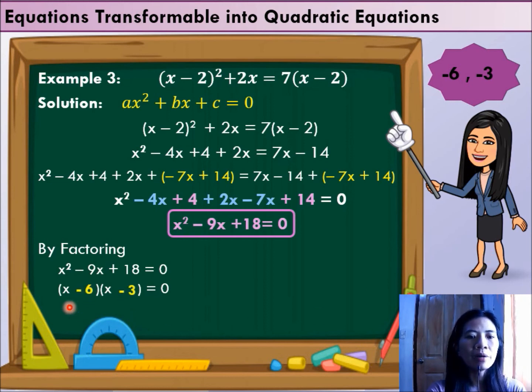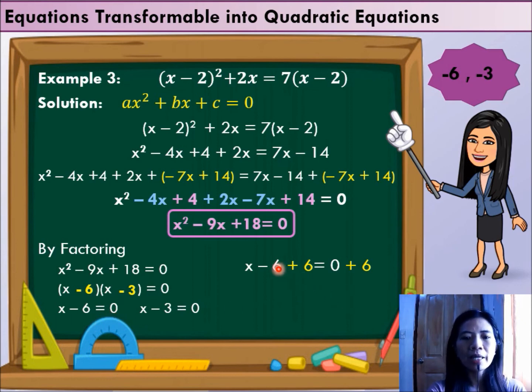Now we have the two factors: the quantity (x - 6) times the quantity (x - 3) equal to 0. And then next, we are going to use again the zero product property, which is x minus 6 equal to 0 and x minus 3 equal to 0, to solve for the solutions of our quadratic equation. Let's solve first for x minus 6 equal to 0.